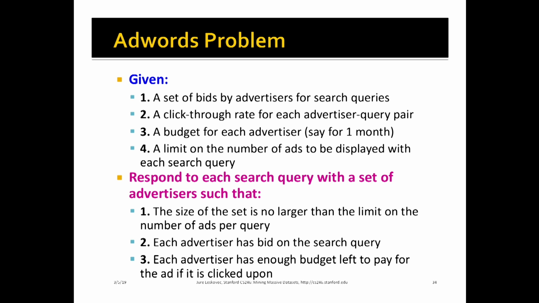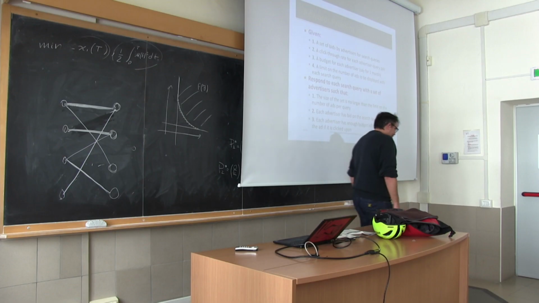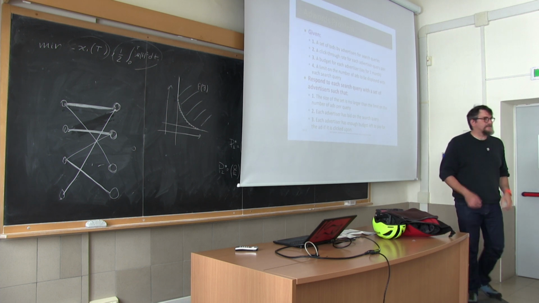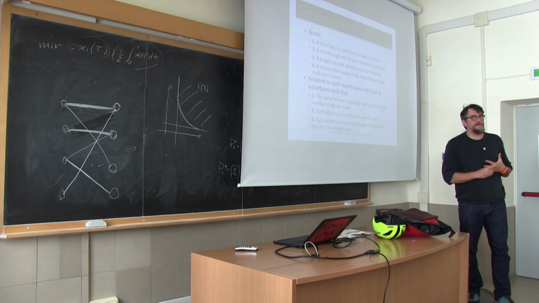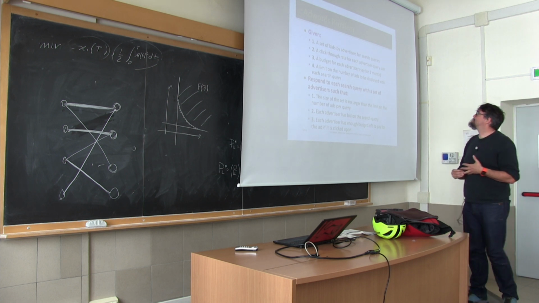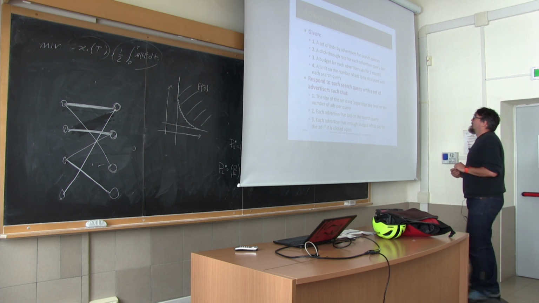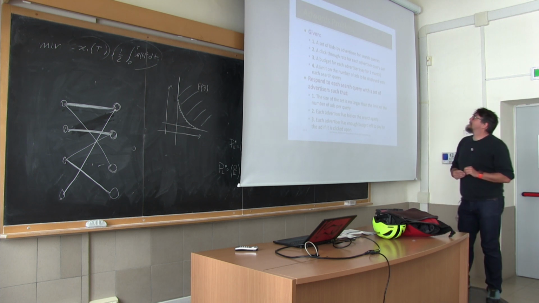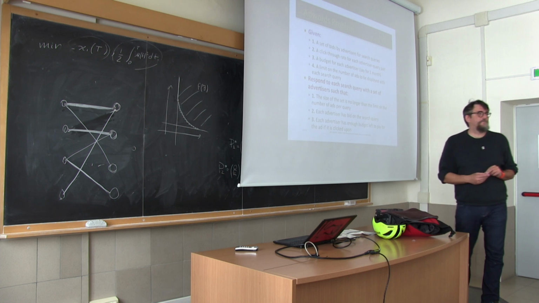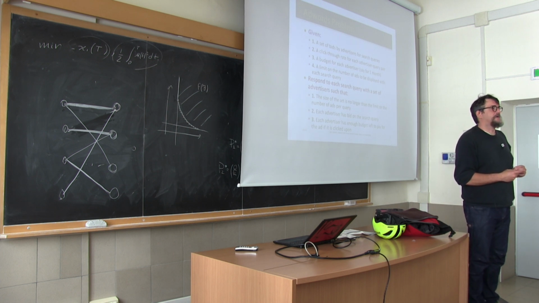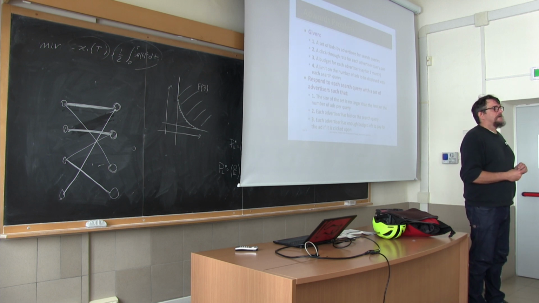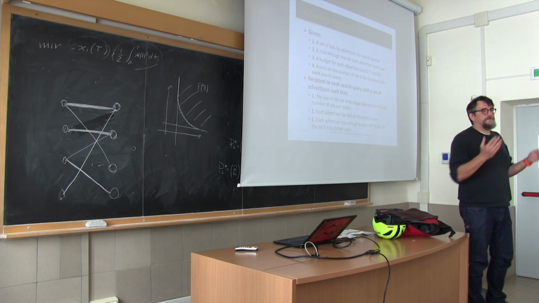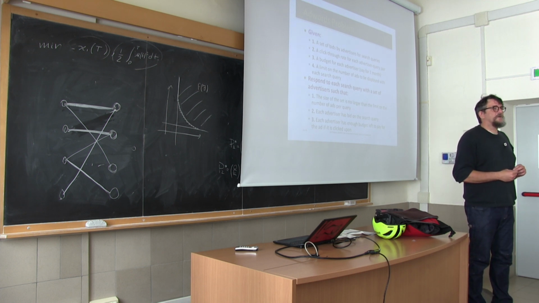Okay, so let's put together all these ingredients to have a more formalized Adwords problem. For the search queries, we have a set of bids made by the advertiser. So again, I am a company interested in selling sport equipment, most likely soccer balls.